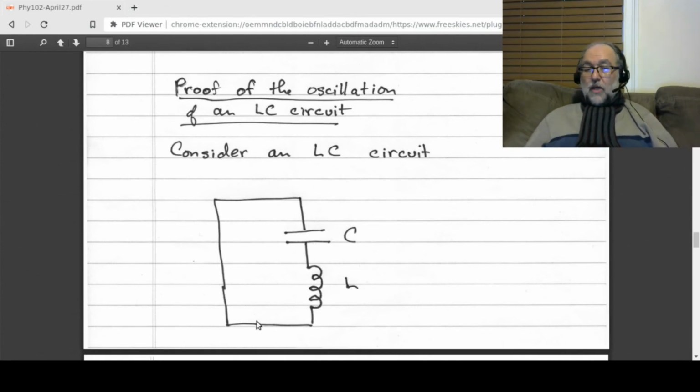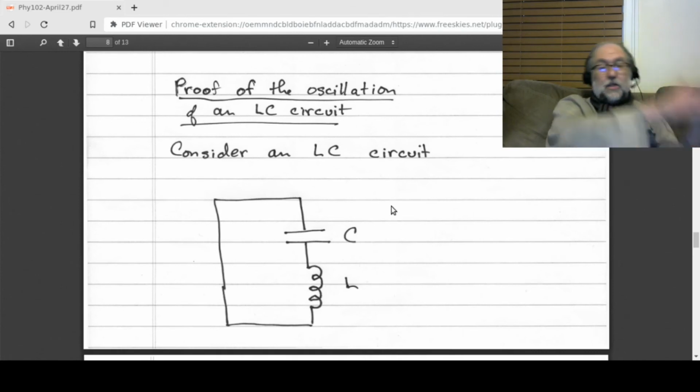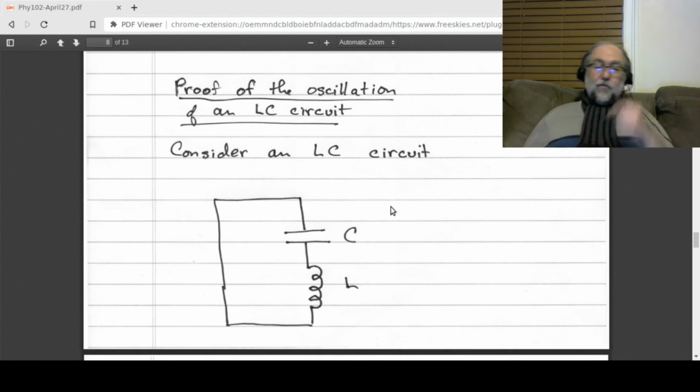It forces a current through the inductor to the negative plate on top, and then eventually the capacitor discharges, and there's no net charge on the top or bottom. But again, now there is a current through the inductor, and that current keeps going because the inductor is going to keep it going, but the current now is going in the other direction. And so it goes one way and charges the capacitor one way, and then it goes the other way and charges the capacitor the other way, and it does this back and forth over time, and there's a characteristic frequency for that.